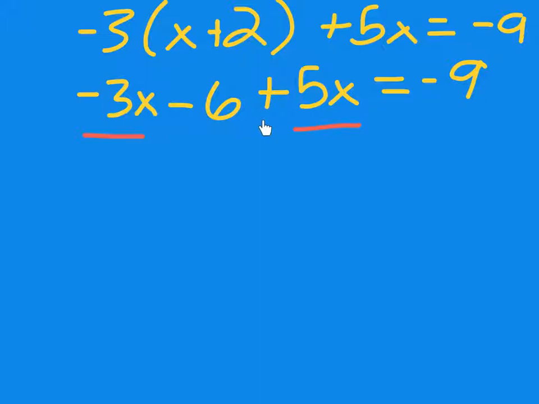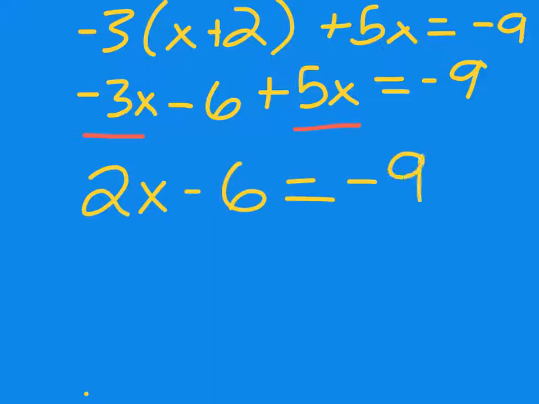So what this really is, is negative 3x plus 5x. Negative 3x plus 5x is 2x. Don't forget to bring down that minus 6, equals a negative 9.